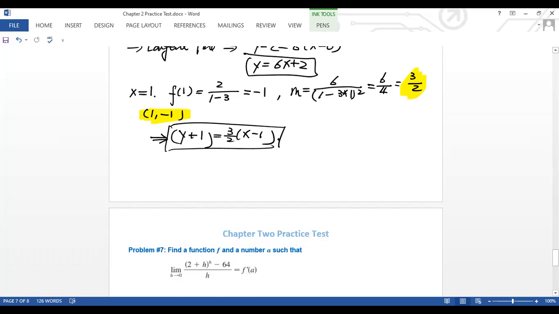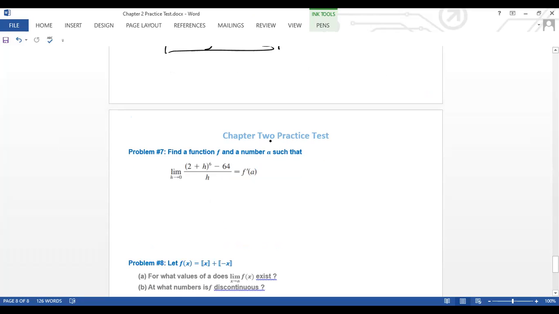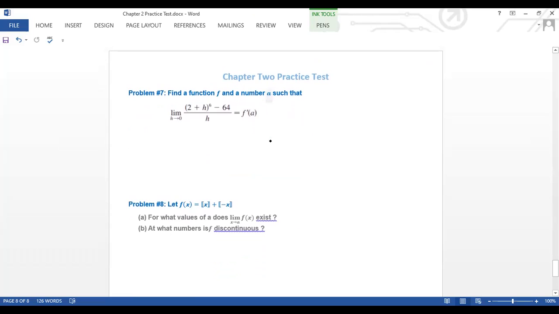Okay, let's take a look. So what is the function f, and a number a, such that, okay, so these ones here, we say f prime of a. So what is the f function and what is the number a here? Okay, so remember we said the limit as h approaches 0.